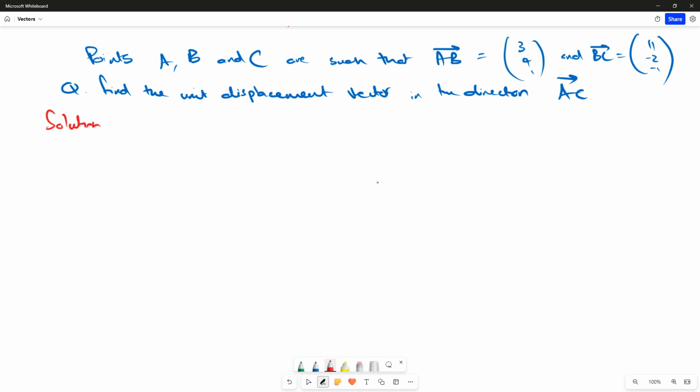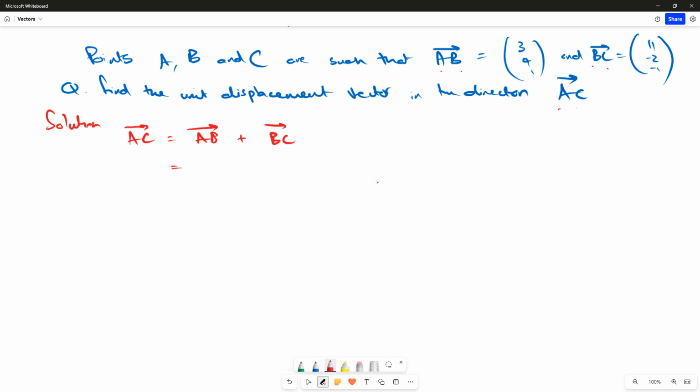Well, AC is the resultant vector formed by AB plus BC. That's the general idea: A to B, B to C, so AC is the sum of the two. So AC is AB plus BC.